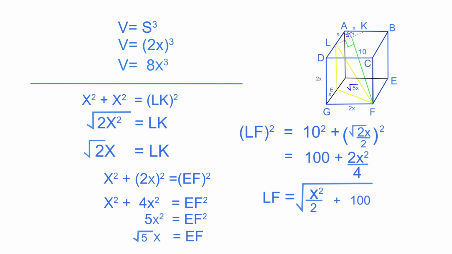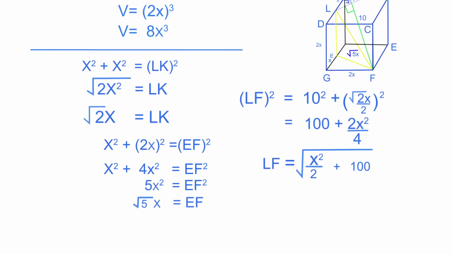And then we have one final relationship now, and that relationship involves triangle LEF, this big one in the middle. That will be our final Pythagorean relationship. Now first I'll write it in and then I'll solve it.